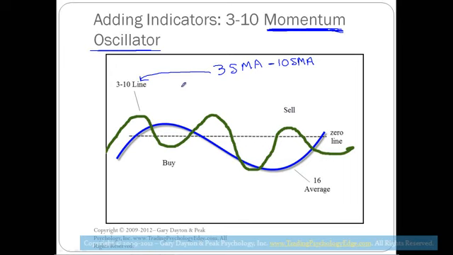That's all it is: a 3-period simple moving average, and you subtract from that the 10-period simple moving average, and you plot it. That's the green line. Sometimes we call this the fast line. This indicator is very sensitive. It jumps around a lot. Then there's the 16 average, which some people call the trend line, which is not a bad way to conceptualize it.